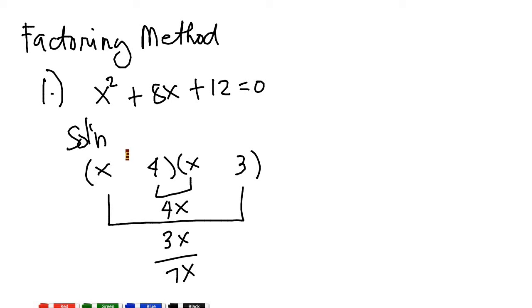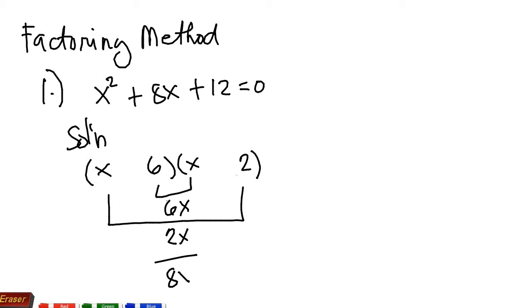Say for example, we are going to try another factor of 12, which is 6 and 2. So you multiply 6 times x, that will give you 6x. Then you have 2 times x, that will give you 2x.